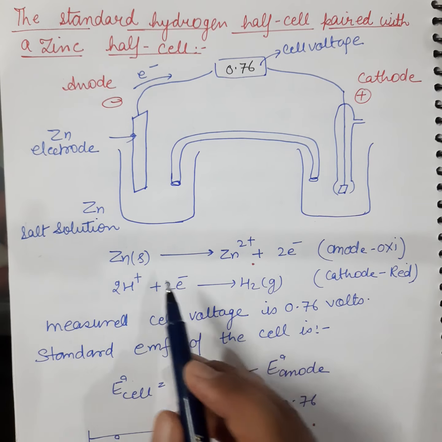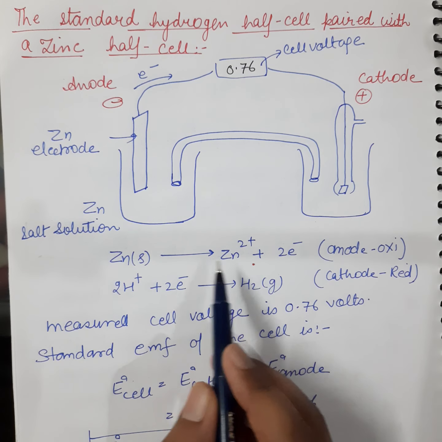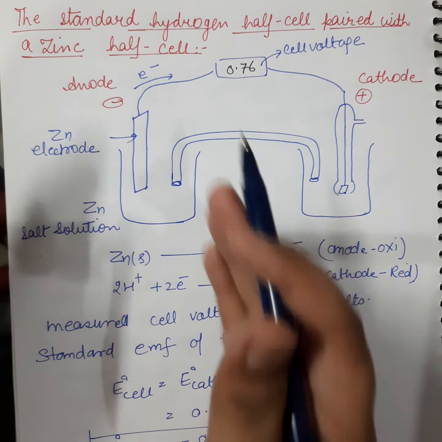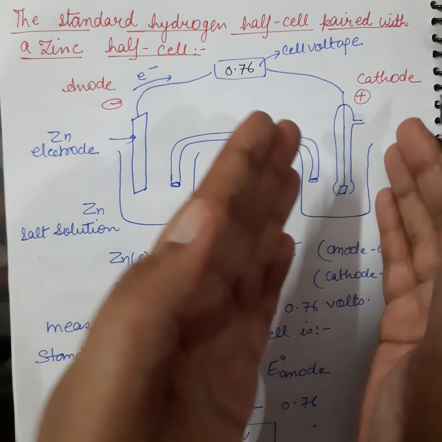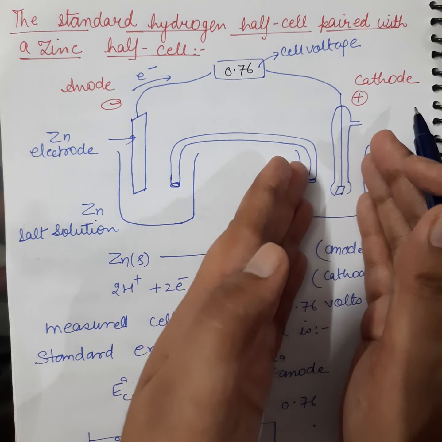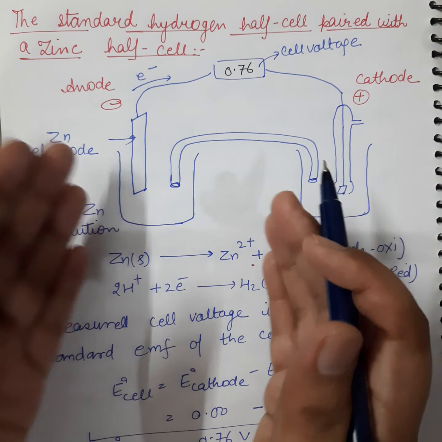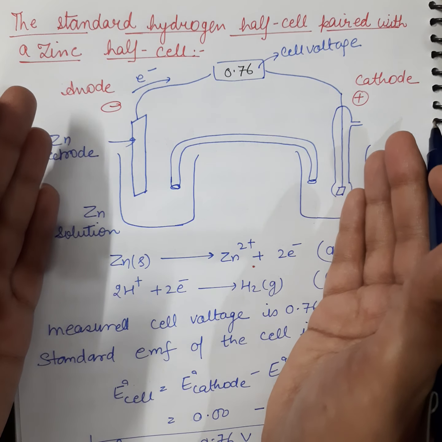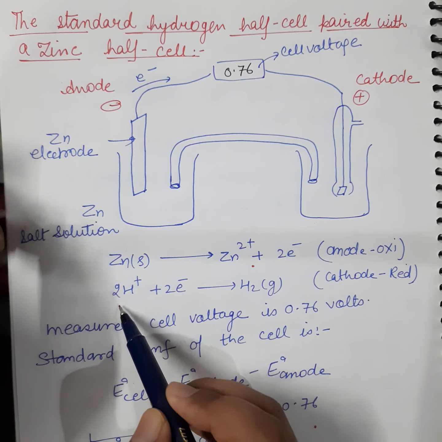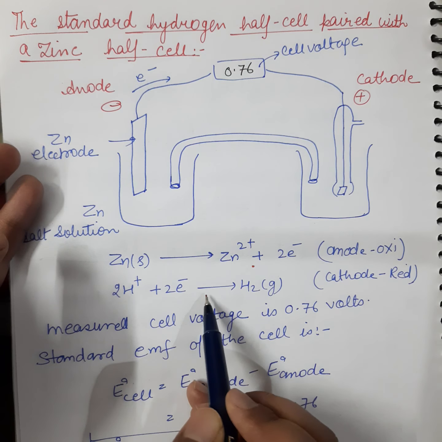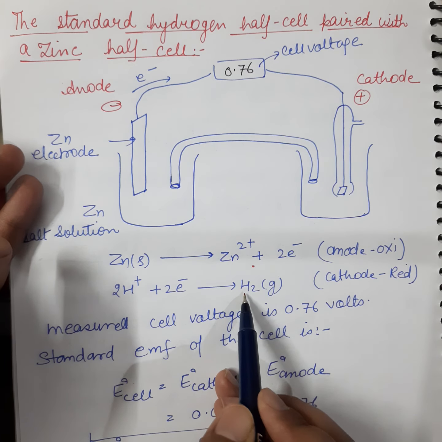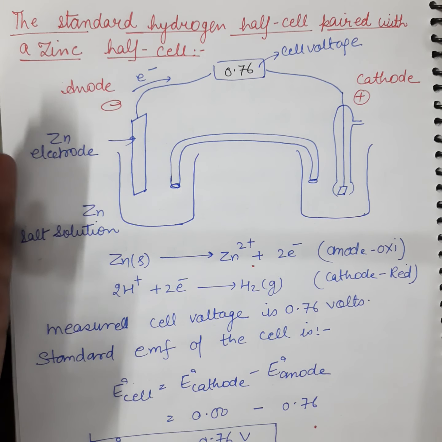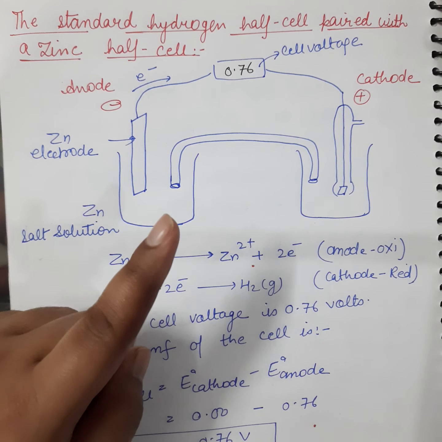The reaction is Zn solid giving Zn2+ plus 2 electrons. This side works as anode and this side as cathode. This is oxidation and that process is reduction. Here we write 2H plus plus 2 electrons give H2. The cell voltage we measured is 0.76 volt.